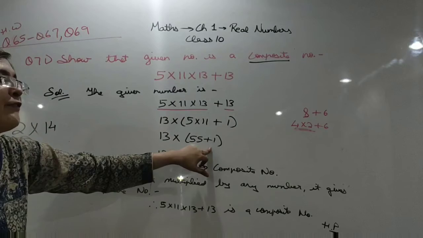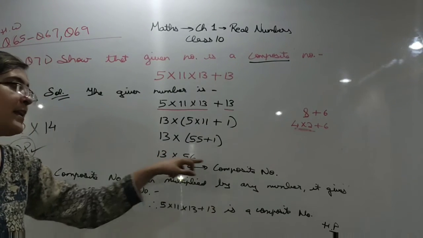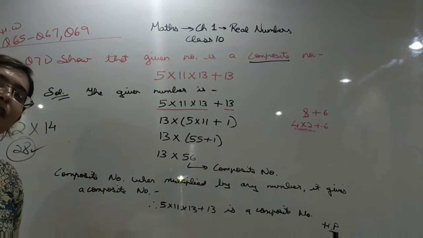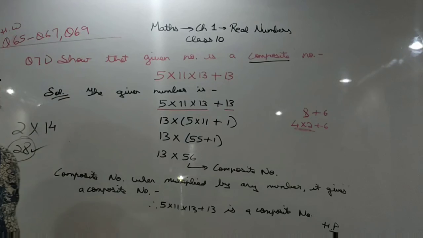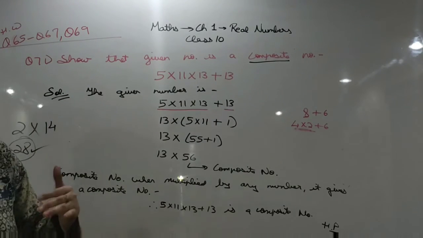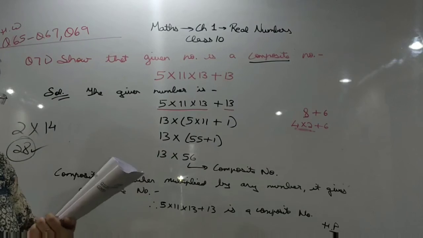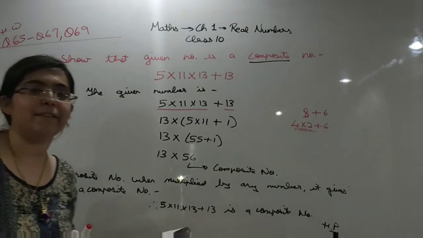Now 5 into 11 is 55, plus 1, 56. 56 is a composite number. Now a composite number multiplied by any number gives a composite number. Therefore the given number is a composite number. These are some different questions which we have to do in this chapter. Clear, students? Now note it down in the space given here. This was your question 71.